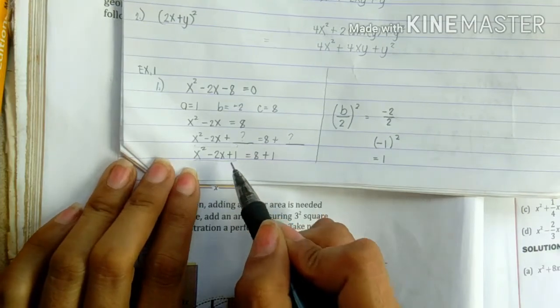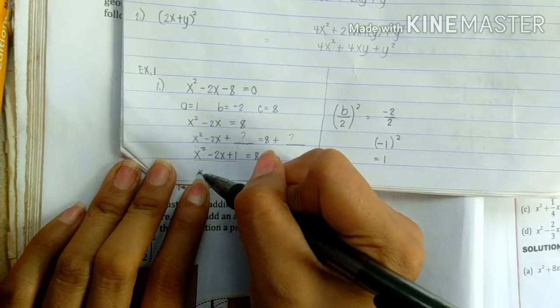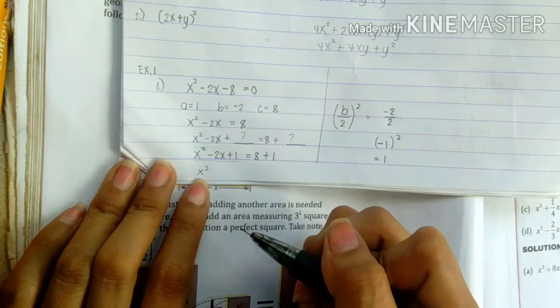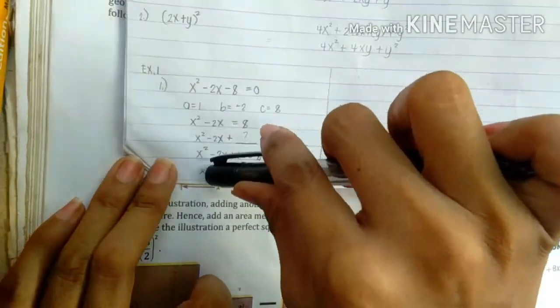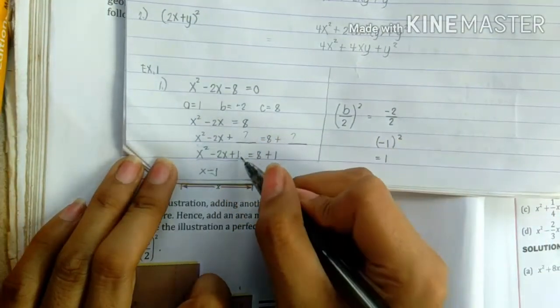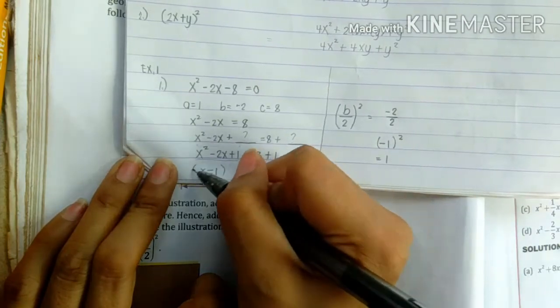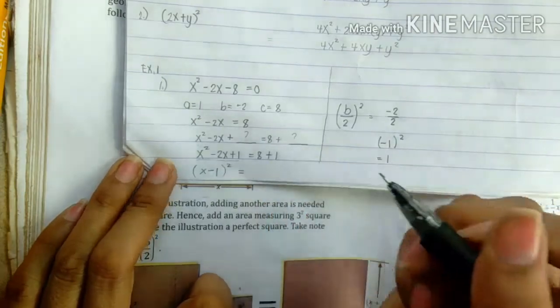Then make this into a square of binomial. How will you make this into a square of binomial? Negative 1. Remember, 1 is a perfect square. You remembered it now?